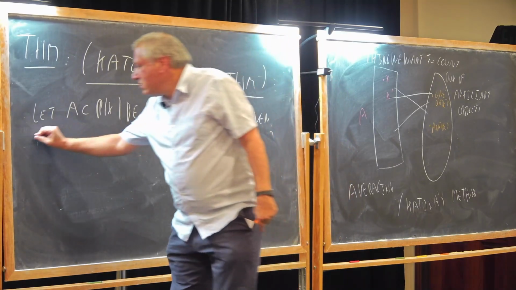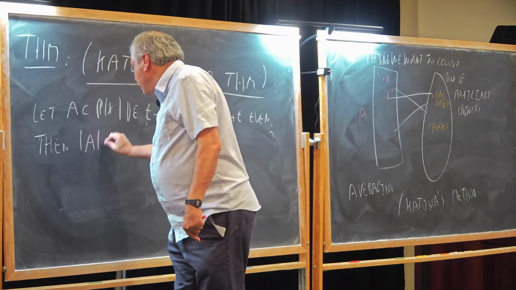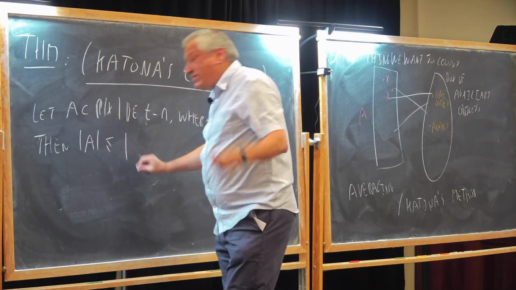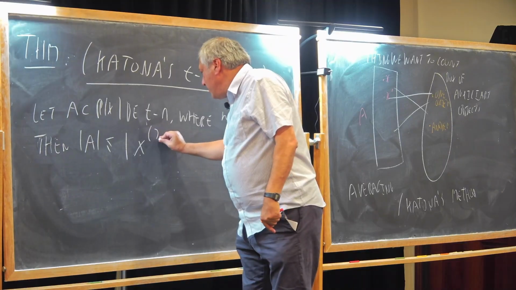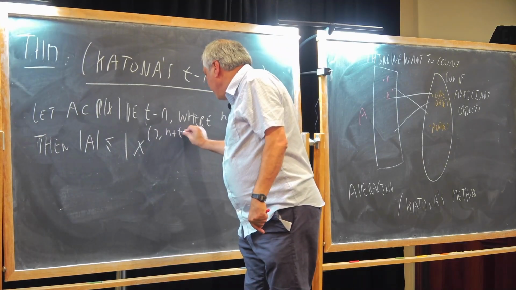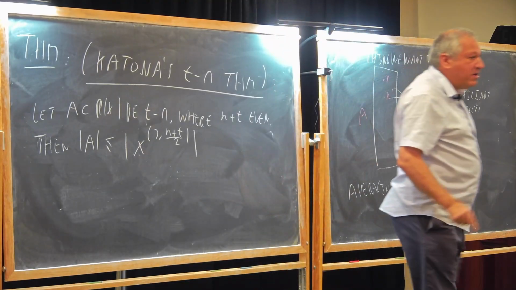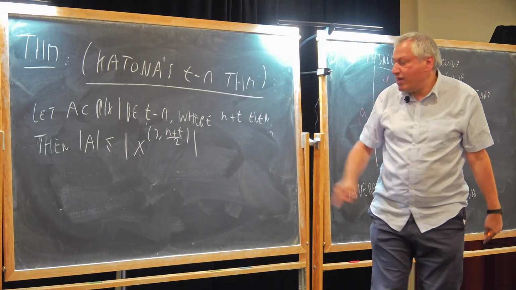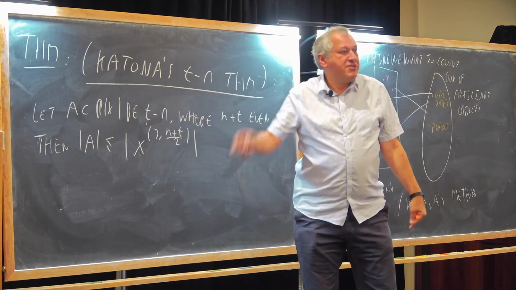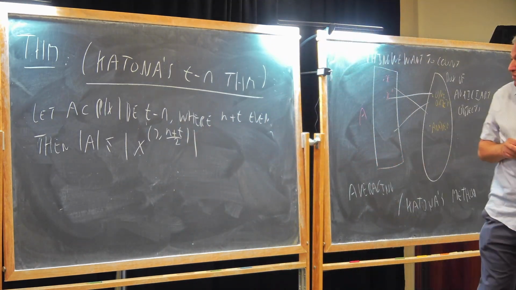Then the size of A is at most, that's the exact winner, the number of sets of size at least n plus t over 2. Notice n plus t over 2 is a whole number. Given 2 sets of size n plus t over 2, they intersect in at least t points. This is what we want to do.